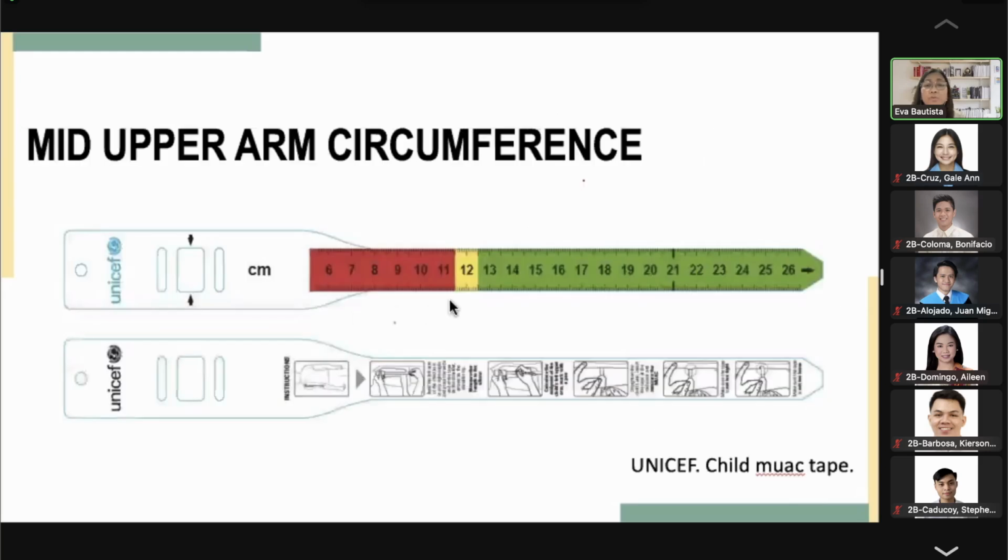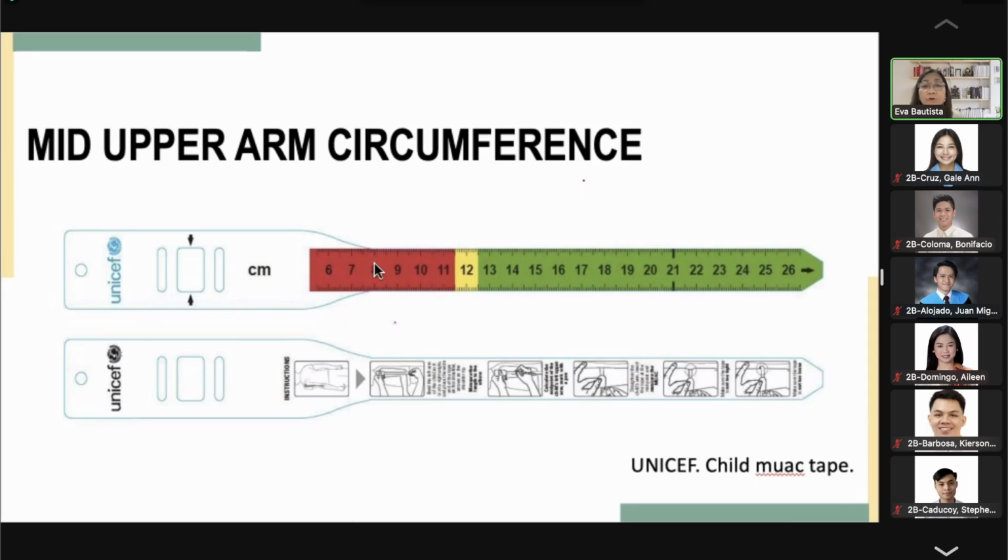So we have this one available. It's color-coded. This is from UNICEF to facilitate its use and interpretation in the community. It's suitable for measuring a child's MUAC with a range of up to 26.5 centimeters. It's graduated with 1 millimeter precision.